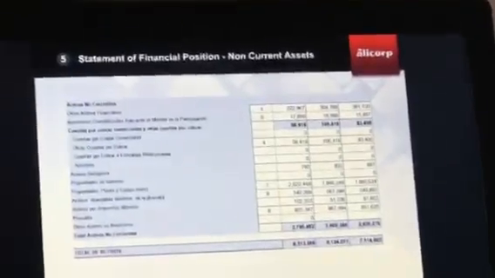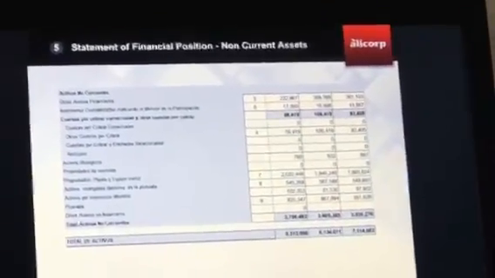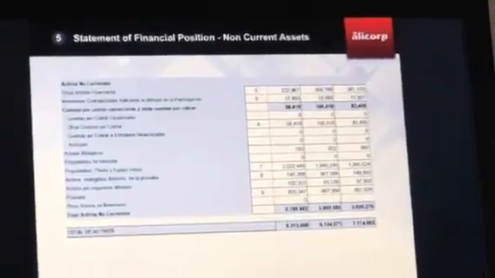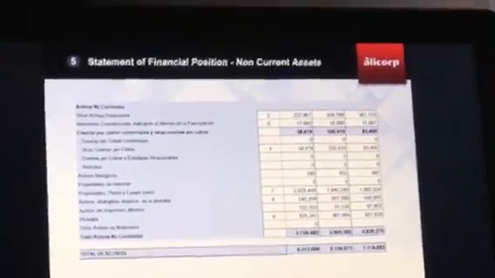assets start going down, and that happens because they decrease in inventories. Once they decrease in inventories, they start having more sales because that means that they start selling more. And you can see that in the income statement.